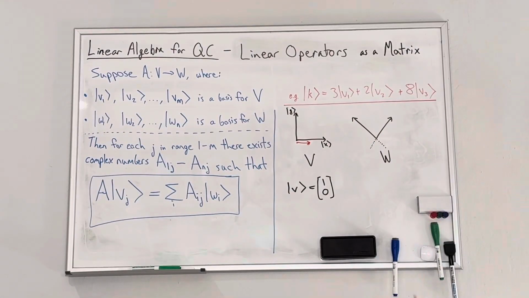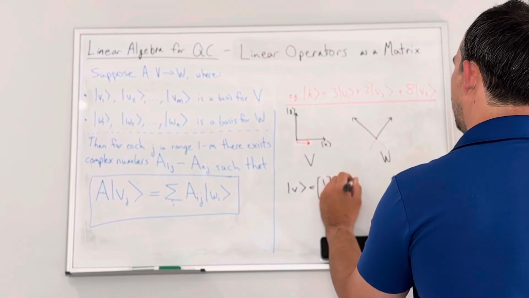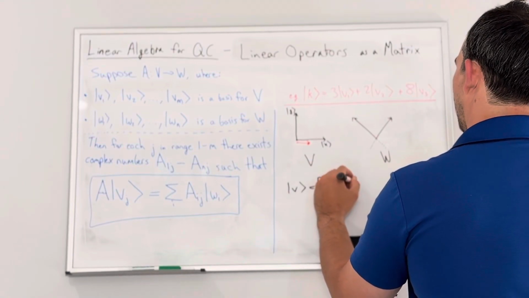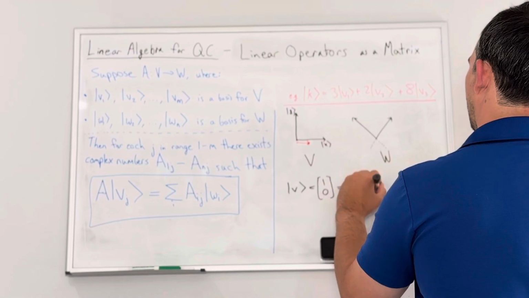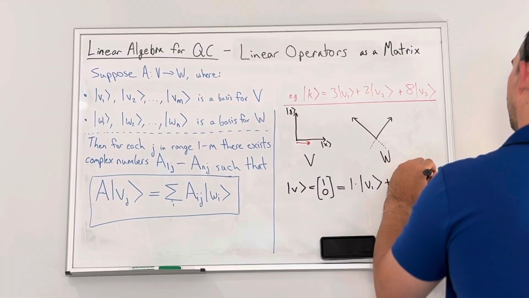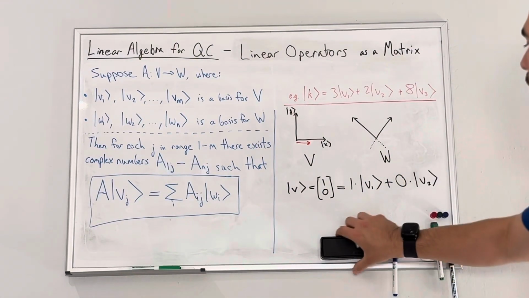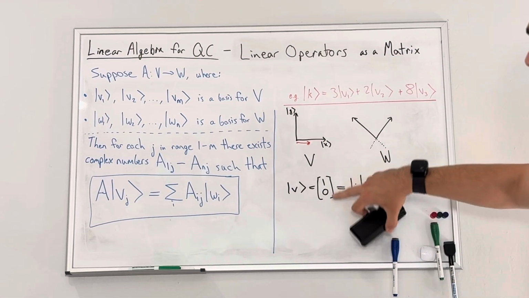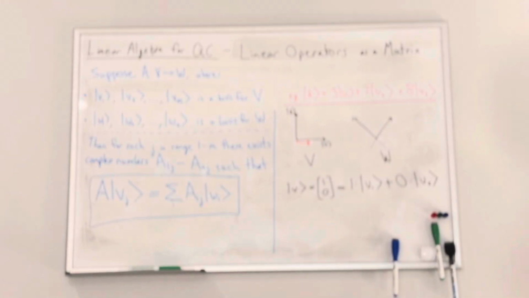In fact, I can rewrite this as 1 times v1 plus 0 times v2. So 1 times v1, 0 times v2. That's the way I'm choosing to write this.